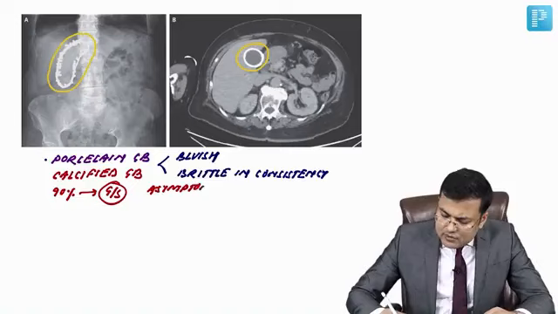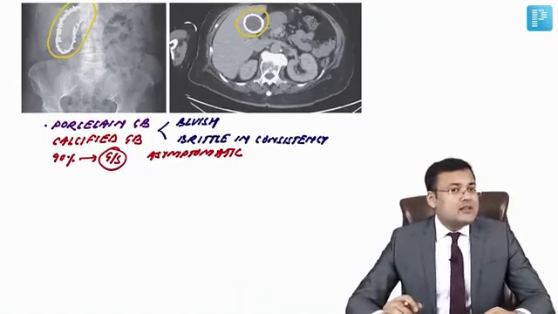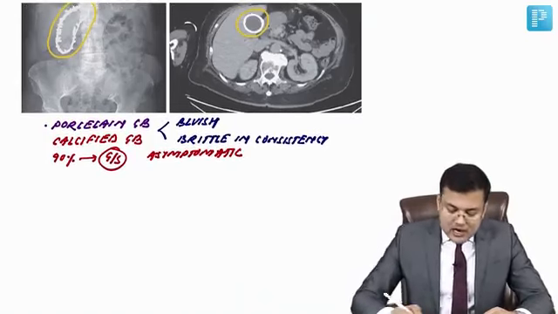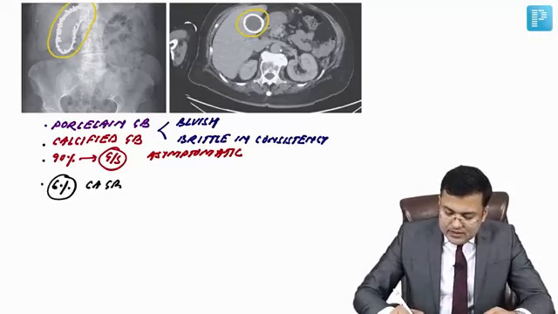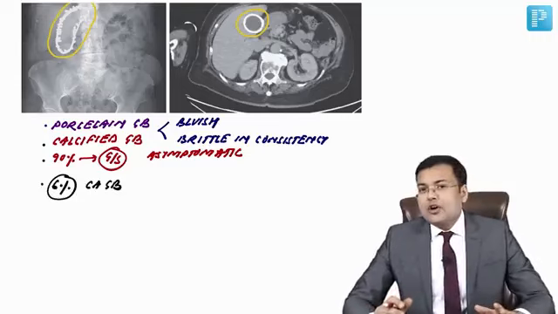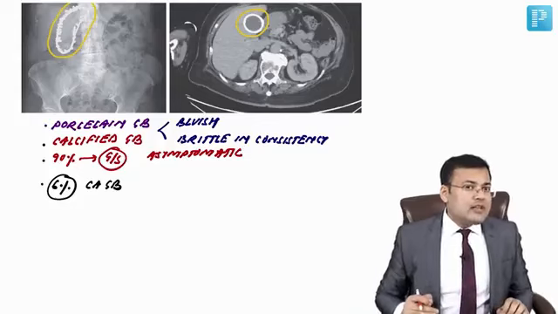What is the problem with porcelain gallbladder? The problem is that it is having increased risk of malignancy, carcinoma gallbladder, and the risk is 6%. Here patient is asymptomatic, so how you are going to make the diagnosis?